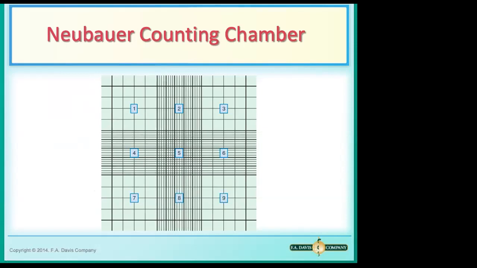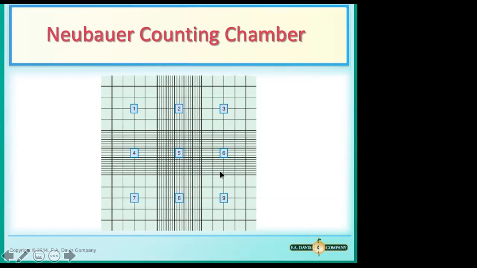Okay, so this Neubauer counting chamber is divided into large squares. I would say 1, 2, 3, 4, 5, 6, 7, 8, 9 different squares. The measurement for each one is 1 square millimeter. And we don't always count the entire thing.